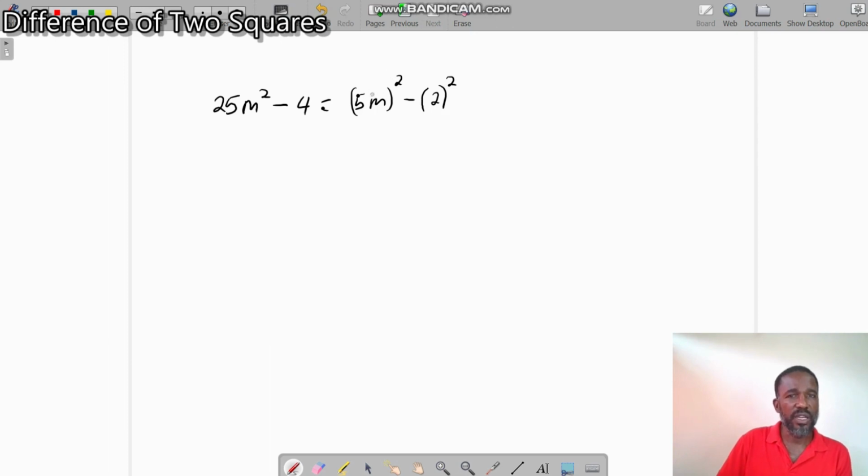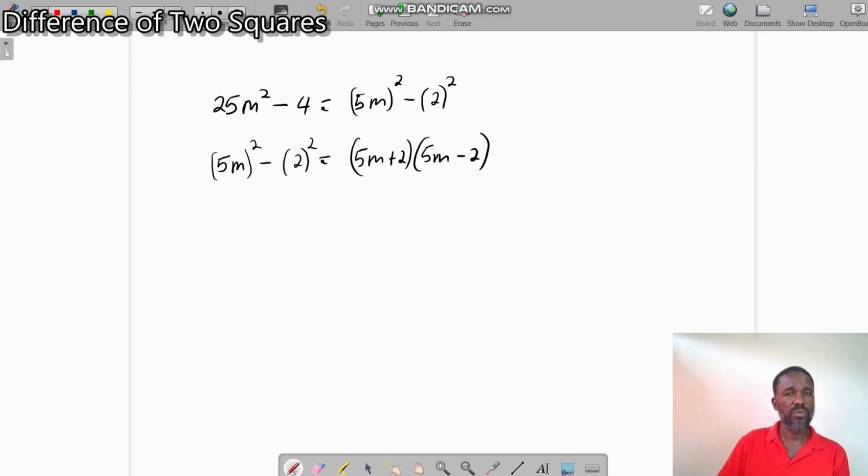So we have one square term, a minus sign, and another square term. So that's a difference of two squares. So therefore, if we have 5m squared minus 2 squared and we were to factorize that, then the answer is going to be equal to 5m plus 2 times 5m minus 2.